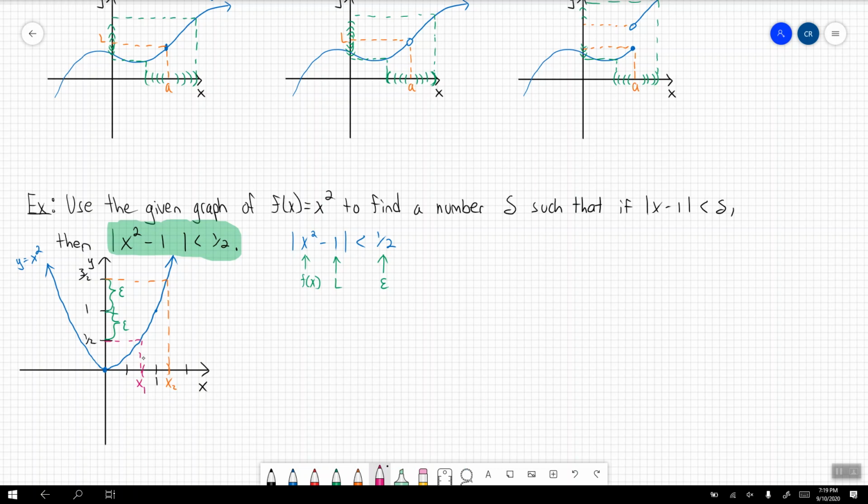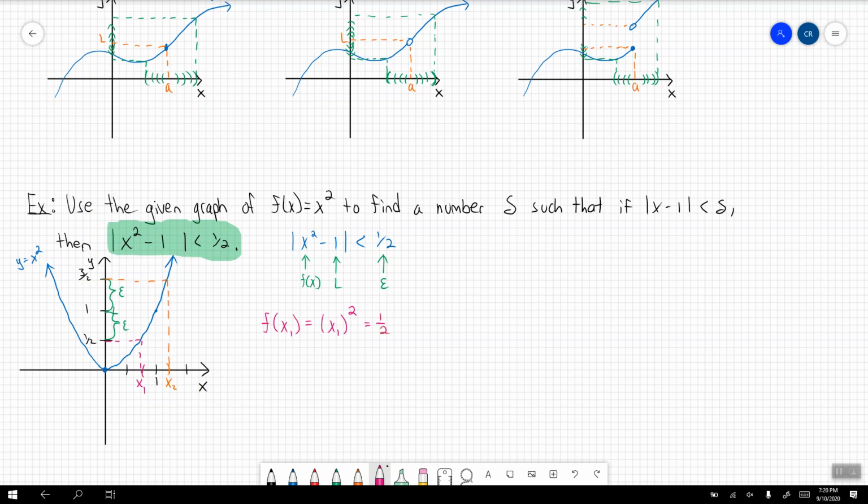Now, because these values will be evaluated in the function, if we take f of x sub 1, this is going to be substituted into the function itself, which is x sub 1 squared. However, we already know the output. The output is the y value of 1/2.